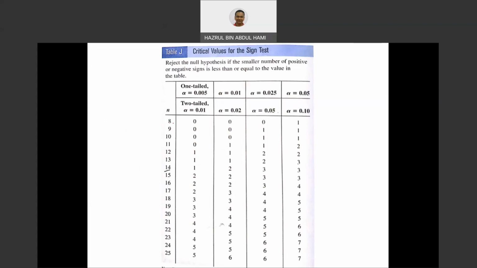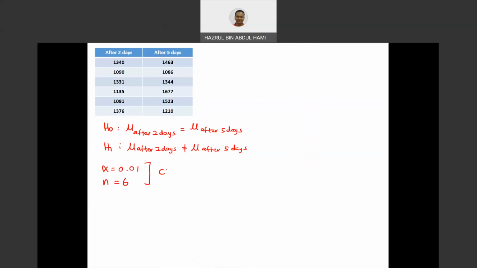All the critical values are 0. So the critical value is 0.